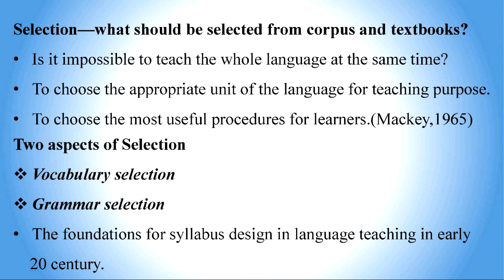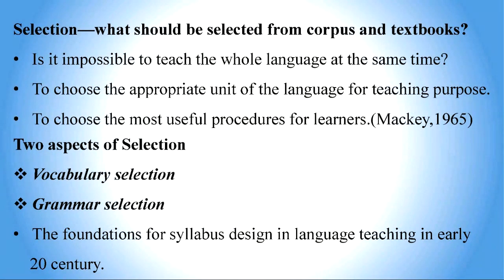So when we do the selection, we think about the whole language, meaning all four skills: reading, listening, speaking, and writing. Can we teach all these skills at the same time? We have to think about what is the suitable unit that fits the teaching purpose.